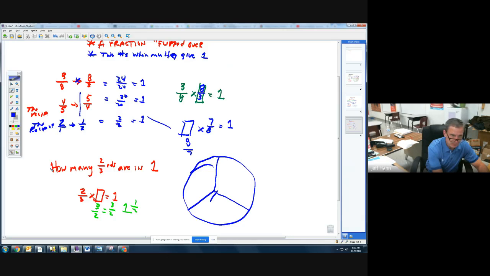How many two-thirds are in one, or does it take to make one? Well, look here. This is a third, and this is a third, and this is a third. So in this one whole circle, right here are two-thirds. So I know it takes one whole group of two-thirds to make one. And then look what I have left. I have just this 1/3 piece.